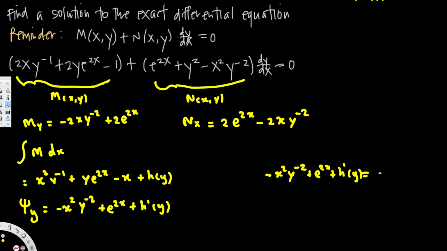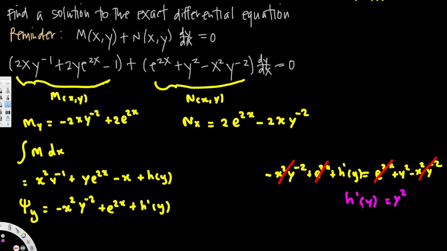E to the power 2x plus y square minus x square y to the power minus 2. And if you notice from this one, we have these terms similar and these terms similar. Therefore h prime of y is equal to y square.